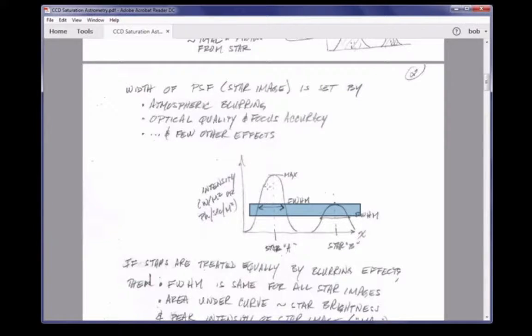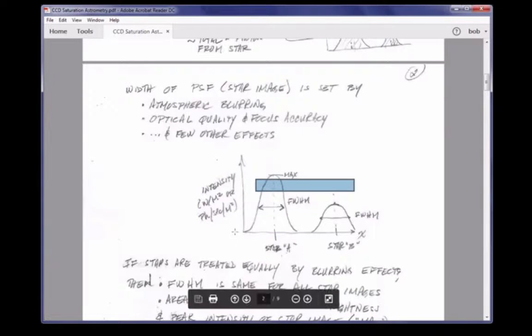And then if you change your gain and contrast again so that you're only looking at these higher intensity levels, well, star B would have disappeared entirely. And that's all a function of how you adjust the display that you're looking at the image on. Mathematically, in the pixel counts, the full width half max of all images will be pretty much the same.